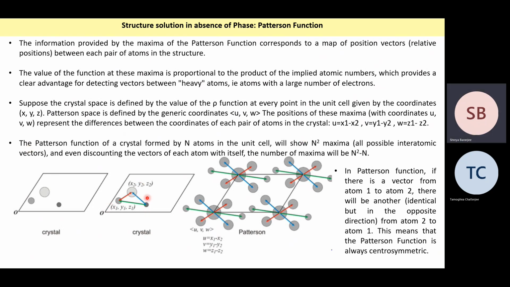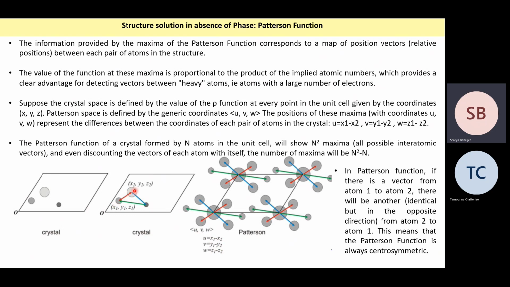Suppose the crystal space is defined by the electron density function, and at every point in the unit cell, the atoms are defined by, say, x1, y1, z1, x2, y2, z2, and so on. In the Patterson function, the peaks are defined by a subtraction. So u is x1 minus x2, and v is y1 minus y2.